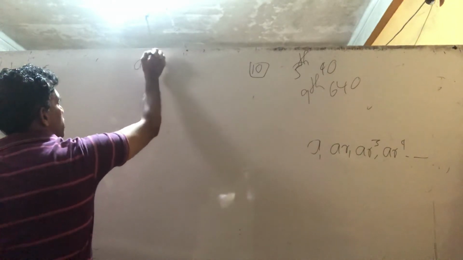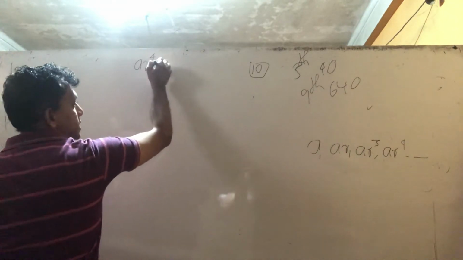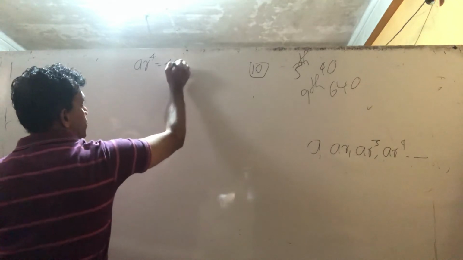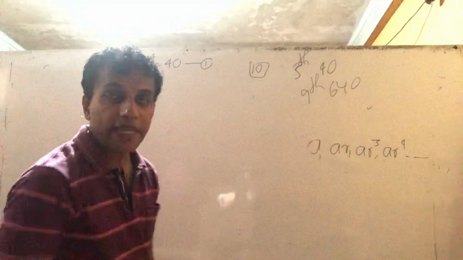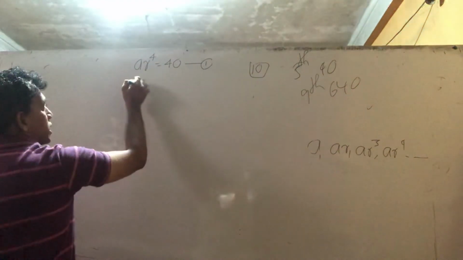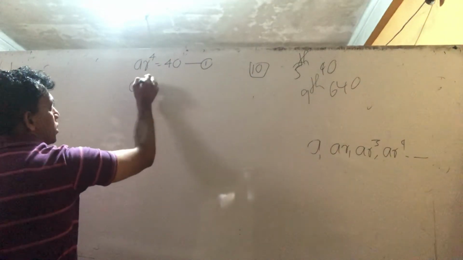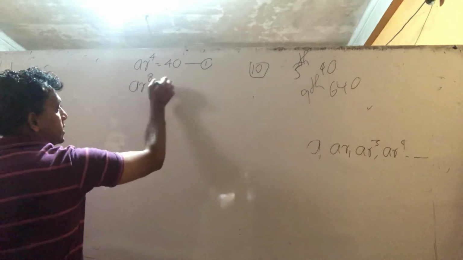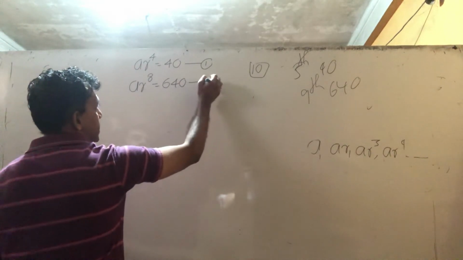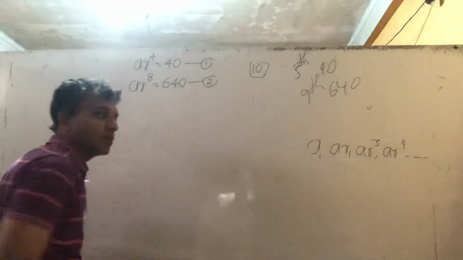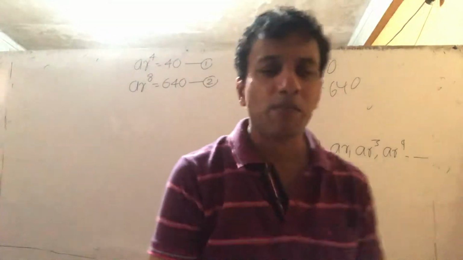AR to the power 4. This is 40. Say, first equation. The ninth term is AR power 8, which is 640. Say, second equation.